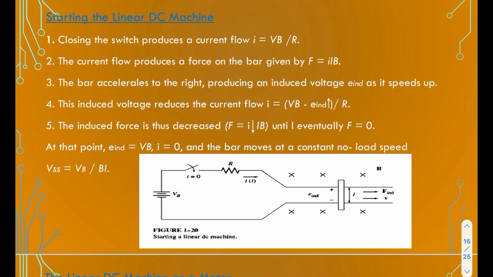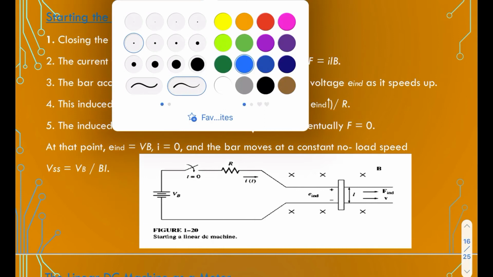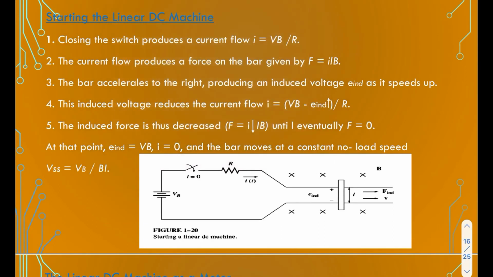Now let's start studying the linear DC machine. Closing the switch produces a current flow i equal VB over R. The current flow produces a force on the bar given by F equal i l B. The bar accelerates to the right, producing an induced voltage as it speeds up.